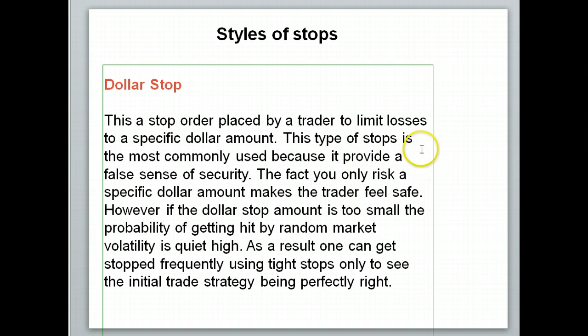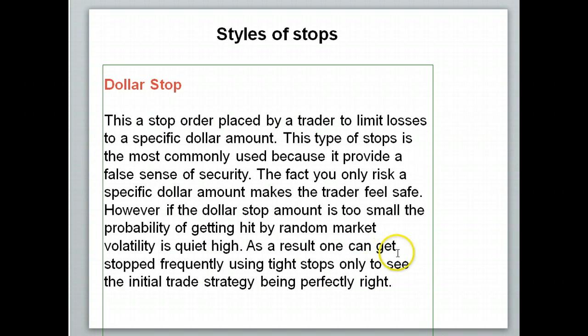This type of stop is the most commonly used because it provides a false sense of security. Let me read through it and then I will explain. The fact you only risk a specific dollar amount makes the trader feel safe. However, if the dollar stop amount is too small, the probability of getting hit by random market volatility is quite high.